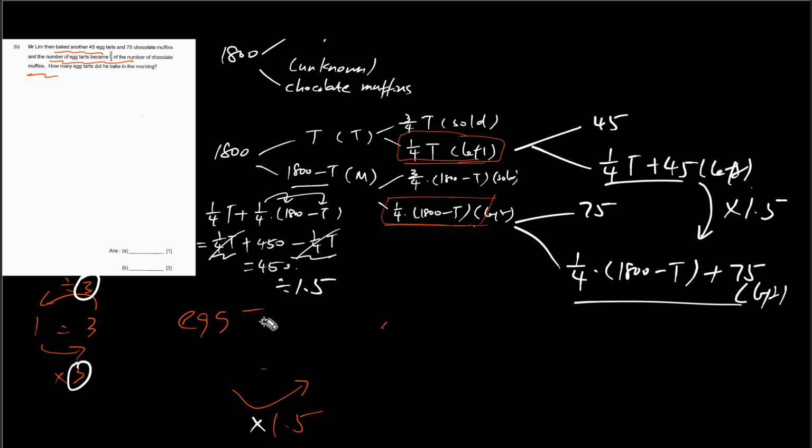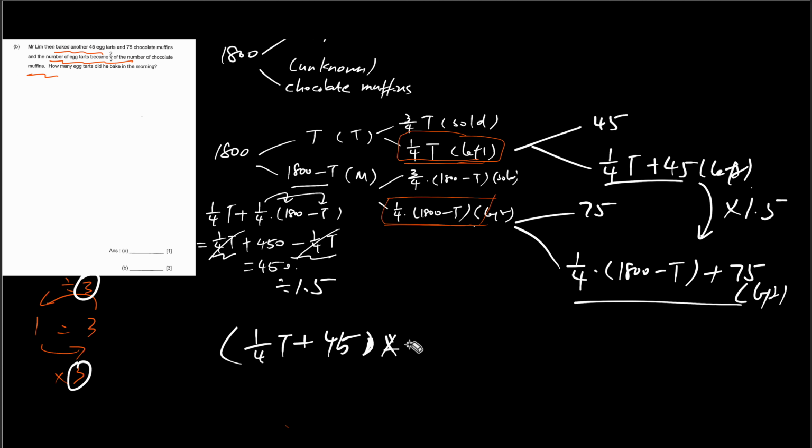Then just form an equation out of this, exactly like what I write. So 1/4 T plus 45, in a bracket. Do you know why I need to put a bracket before I times the 1.5?